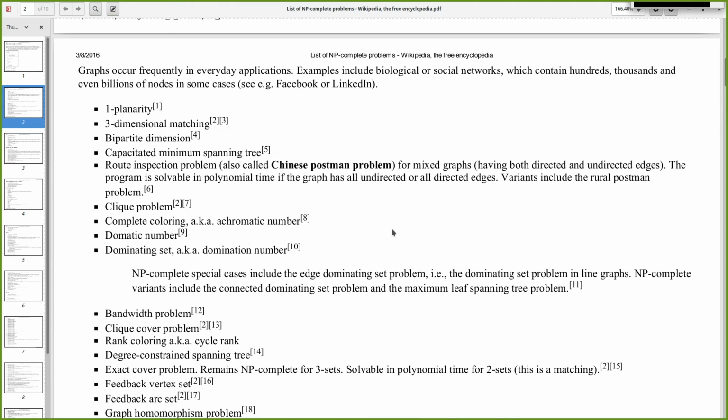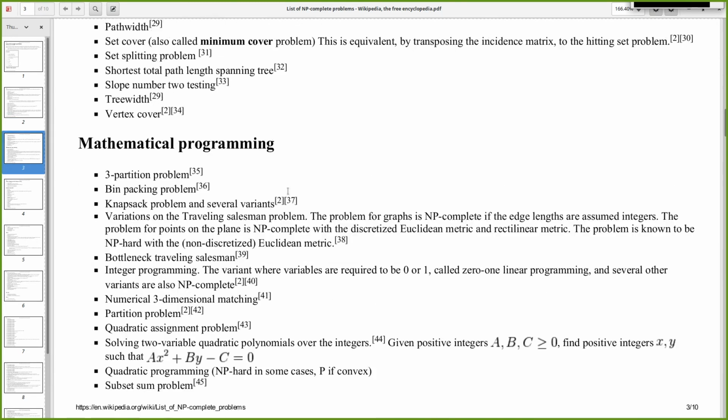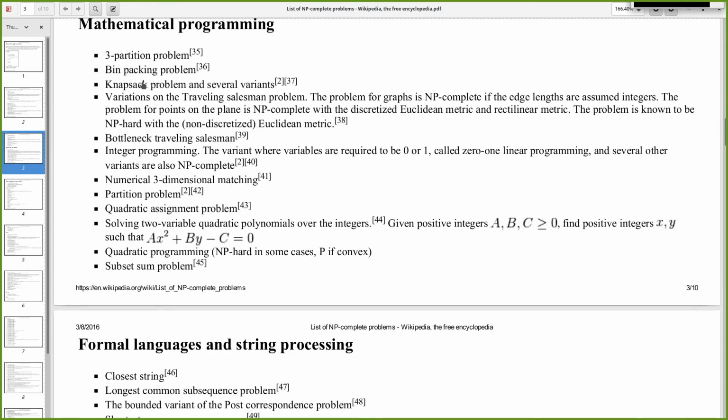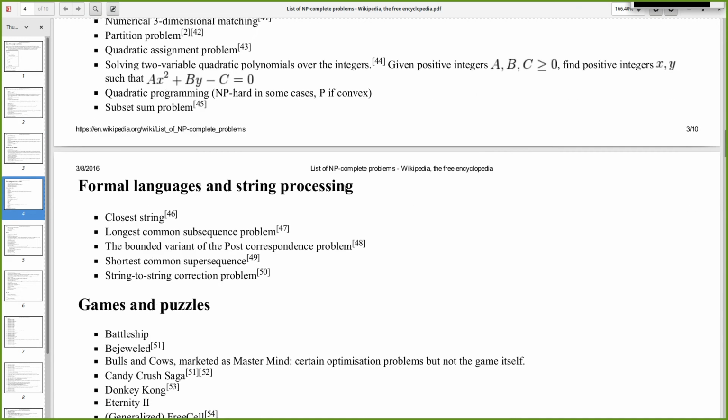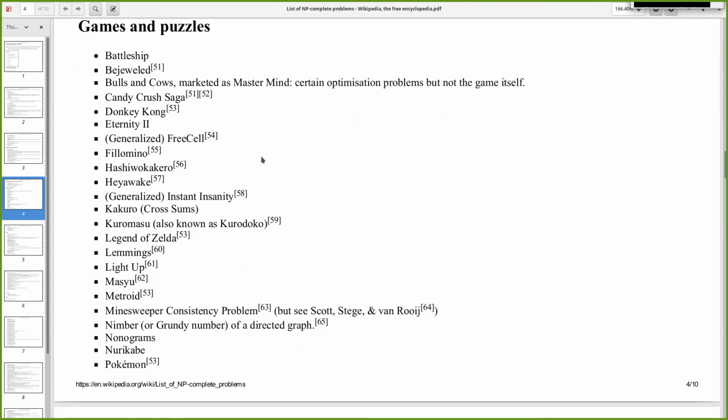Clique problems, things like that. Mathematical programming, knapsack problem with several variants. So if you've done 222, you know about the knapsack problem. Variations on TS. Solving two variable quadratic polynomials over integers. So now we're starting to get into some of the stuff that ties into things like crypto systems. Longest common subsequence problem, that's another one from 222.